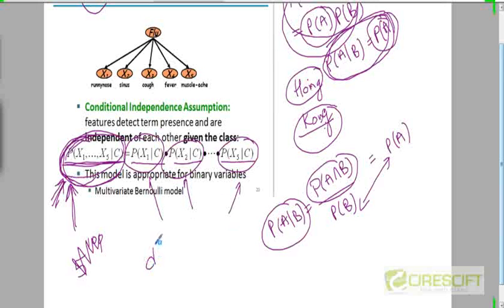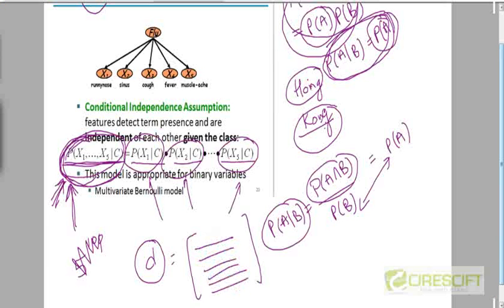Imagine this scenario. Imagine that you get a new document. Let's say this is the test document D, and it's a news article on some particular event. Let's say it has 1,000 words. Now if I want to compute the probability that all these 1,000 words will occur in a document of class C, imagine looking at the training data.